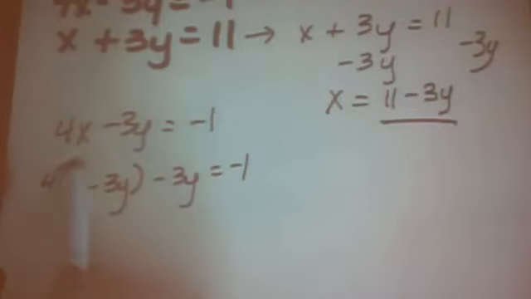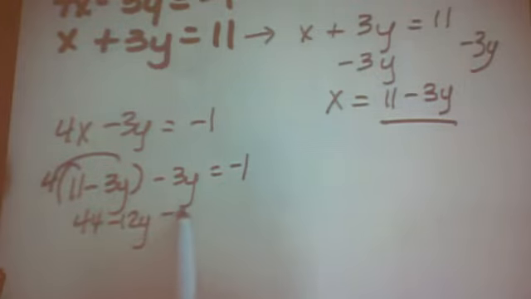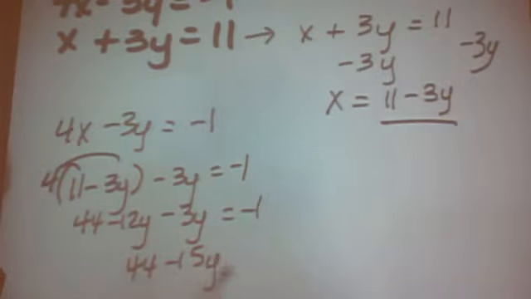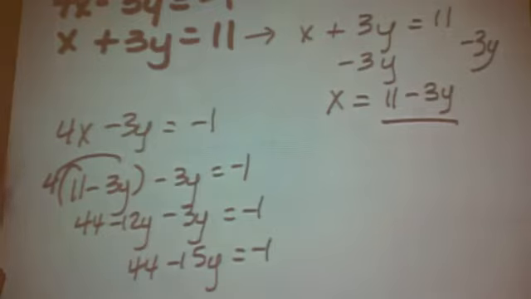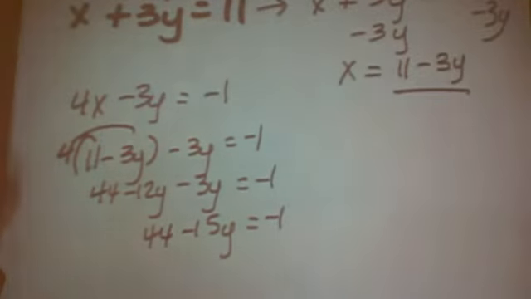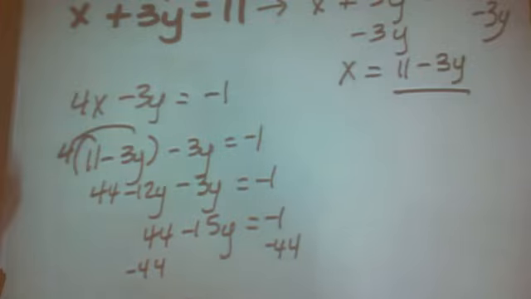So I'm going to go ahead and distribute. And add up like terms. And I want to be able to solve for y, so I get my y by itself by subtracting 44 from both sides. So I have -15y is -45.